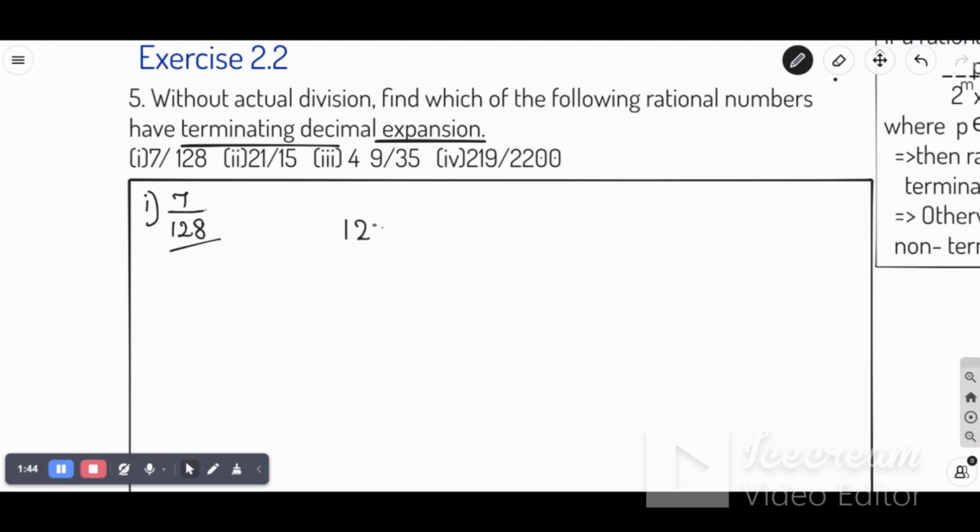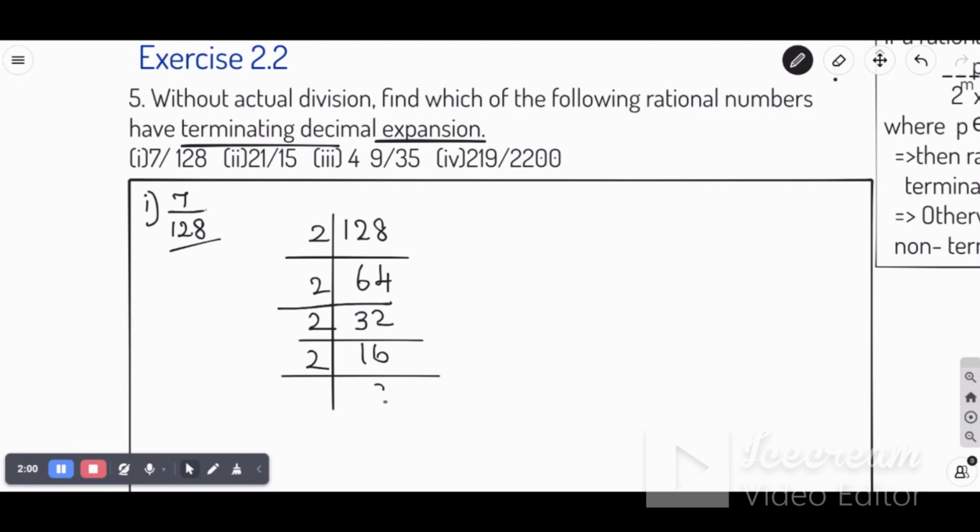Let us try taking 128 in terms of 2. 2 sixes are 12 and 4 twos are 8, that is 64. Again by 2: 3 twos are 6 and 2 twos are 4, that is 32. Again 2: 16, then 8, then 4, then 2.